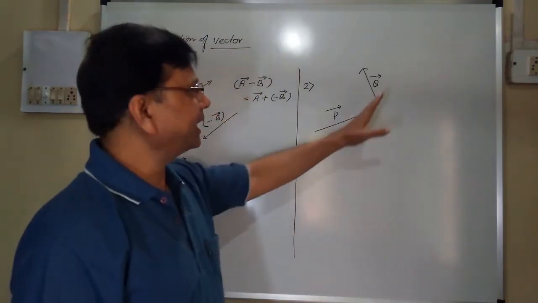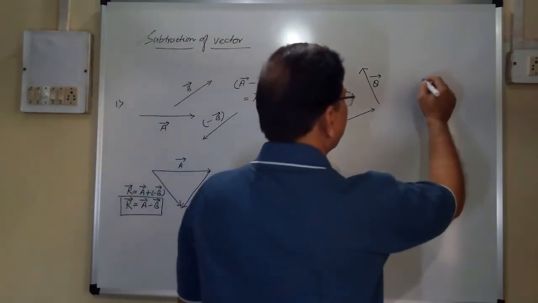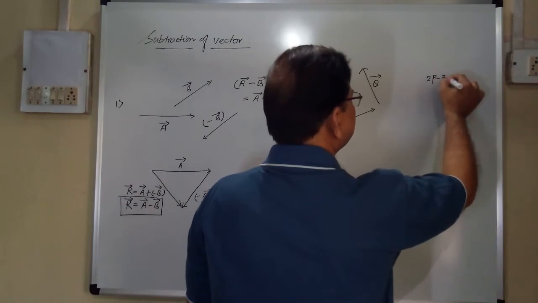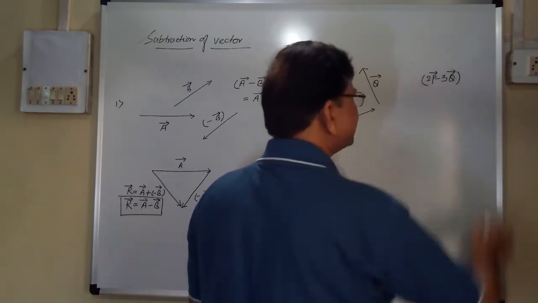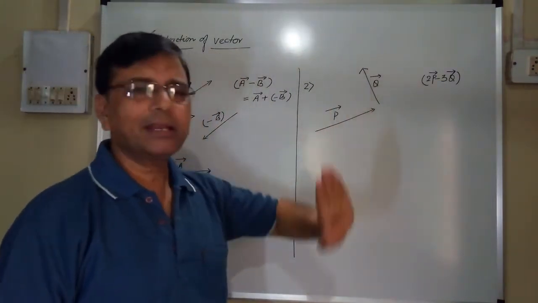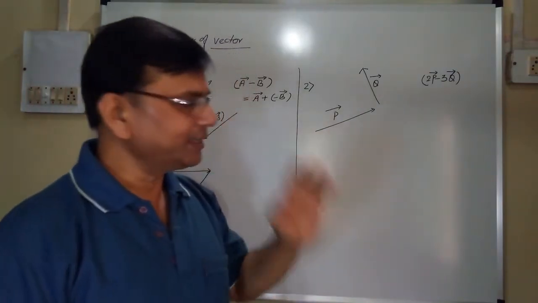This is vector P and this is the vector Q. And we have to find 2P minus 3Q. Suppose this kind of question is there. Vector P is given, vector Q is given. We have to find 2P minus 3Q.